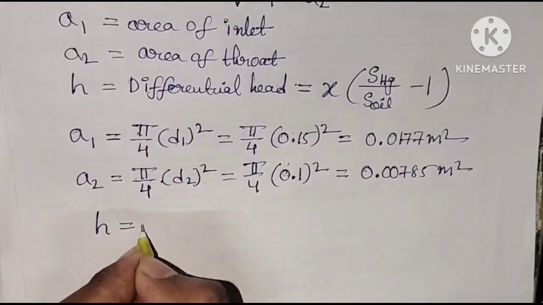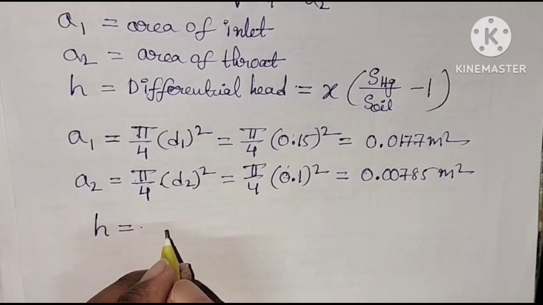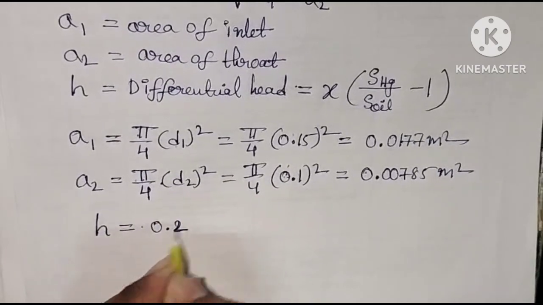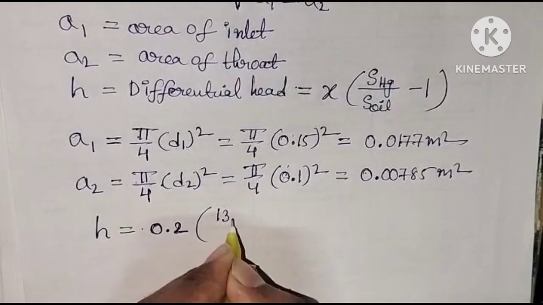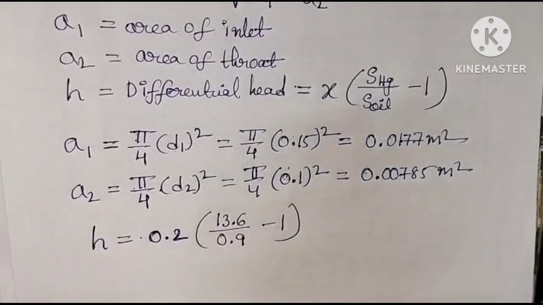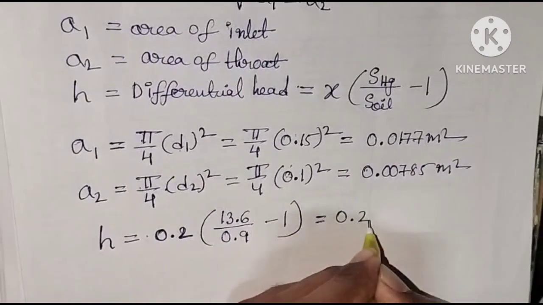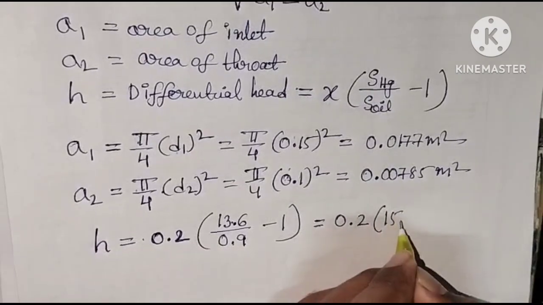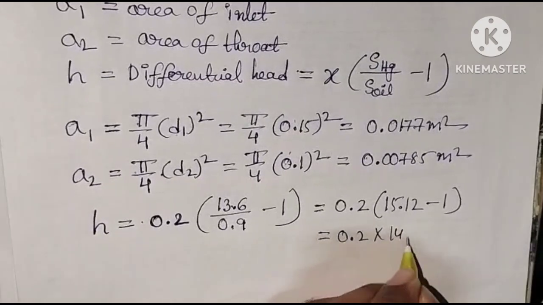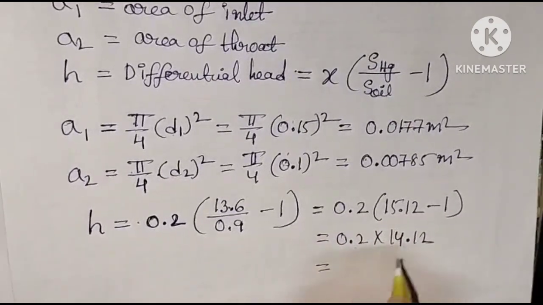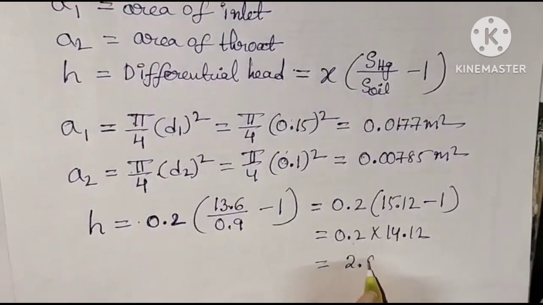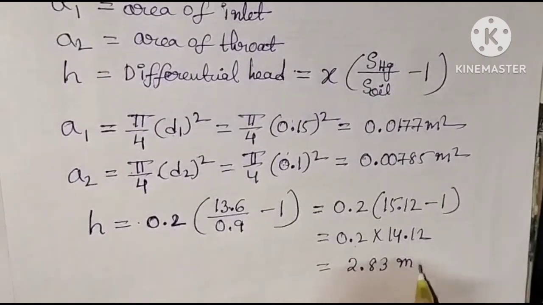Next we need the manometric head or differential head. H is equal to x into (S_Hg by S_oil minus 1). The reading of the oil mercury differential manometer is 200 mm or 0.2 meters, into specific gravity of mercury 13.6 by specific gravity of oil 0.9, minus 1. 0.2 into 13.6 by 0.9 is 15.12, minus 1 is 14.12. 0.2 into 14.12 is approximately 2.83 meters of oil.